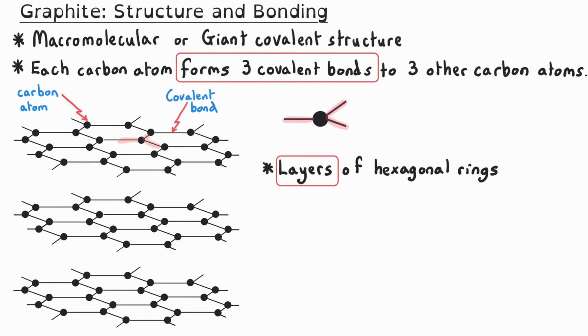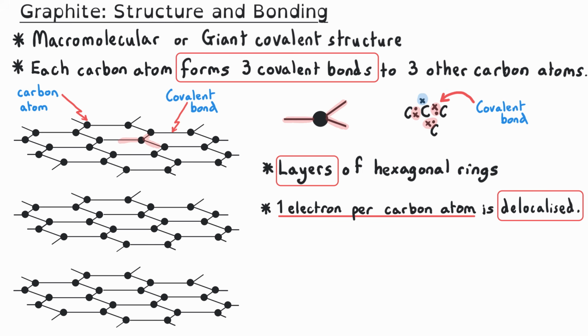Remember, carbon has 4 electrons in its outer shell, and it only uses 3 of them to form each of the covalent bonds. And so as a result of that, 1 electron per carbon atom is delocalized, meaning this electron isn't in a fixed position and can move through the structure, similar to in metals.